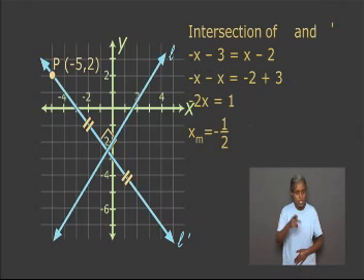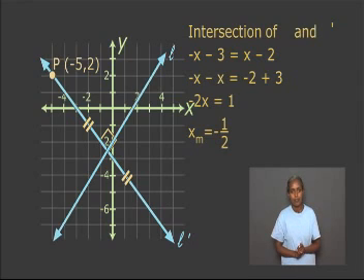Now we must find the point of intersection between L and L prime. -x minus 3 equals x minus 2. In other words, -x minus x equals -2 plus 3. -2x equals 1.